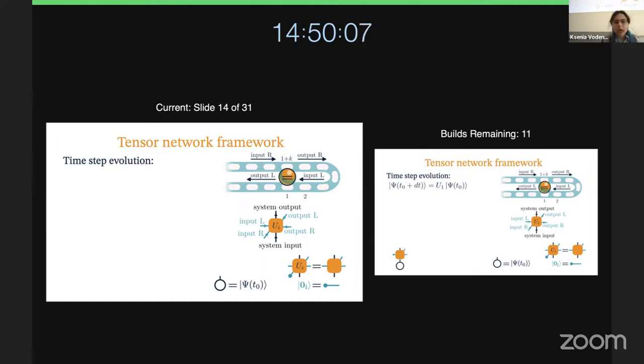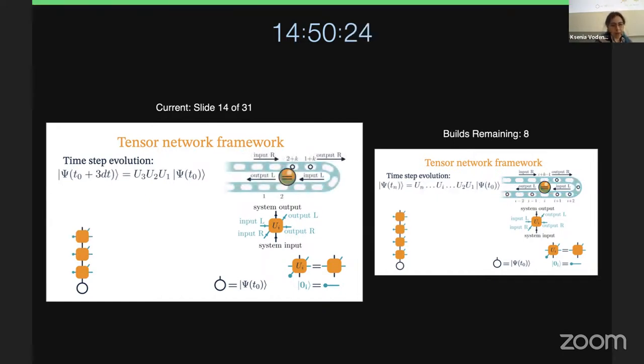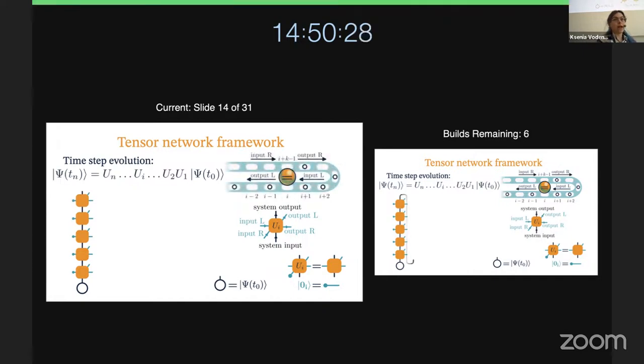But again, it can be generalized to different input states. All right, so we take the initial state, apply the first step of evolution, and we continue until we reach specifically the time tau, the delay time.